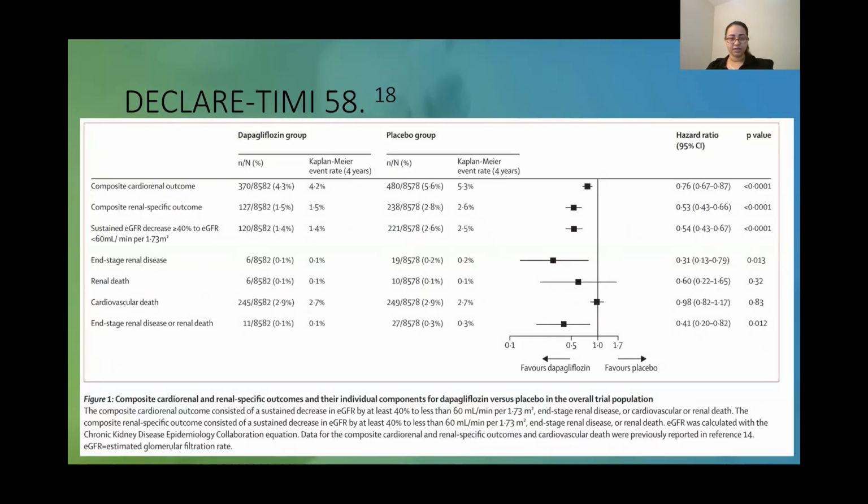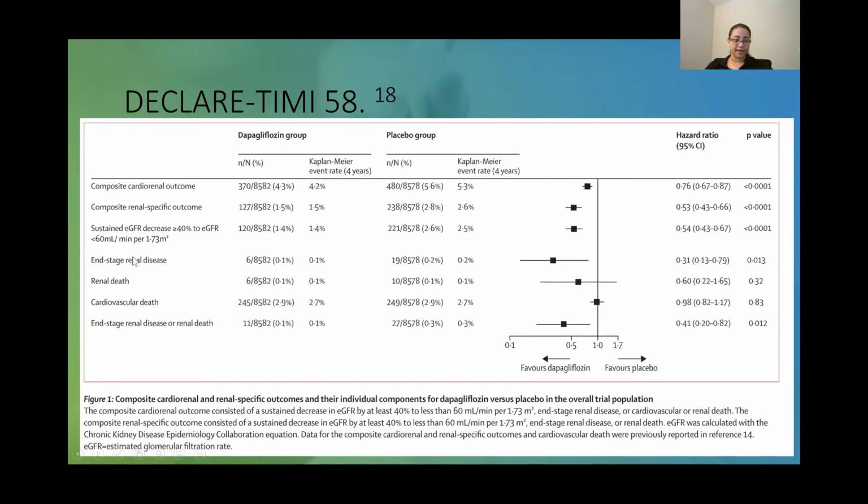And here's a diagram of the results. As we can see here, the composite renal outcome and the composite renal specific outcome, as well as the sustained eGFR decrease by 40% or more to a GFR of less than 60 ml per minute, and the end-stage renal disease or renal death, all showed a significant difference favoring dapagliflozin.